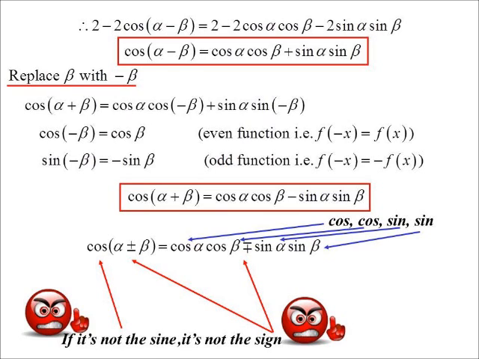Get it? See? Because it's not the sine, then over in the other one, it's not going to be the same sign. So cos cos, sine sine. If it's not the sine, it's not the sine. Oh, we'll get there. We'll get there.